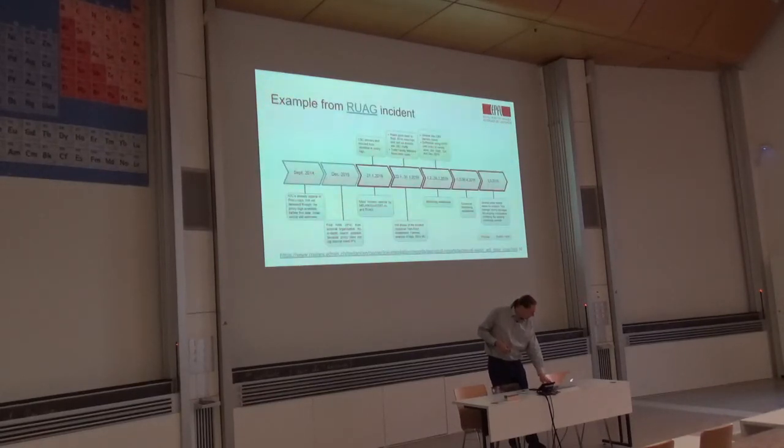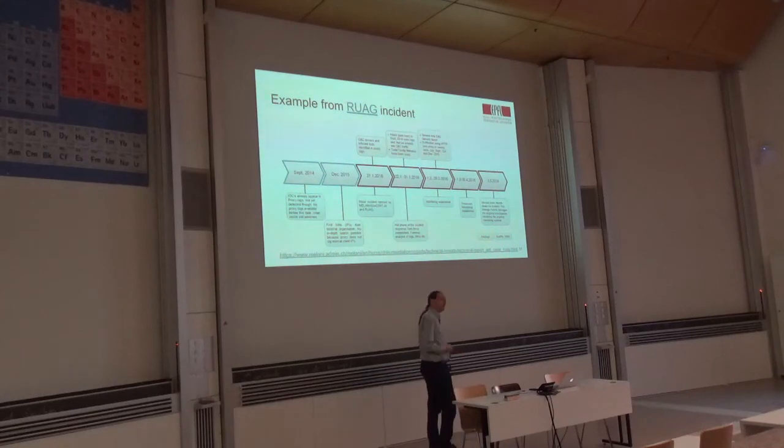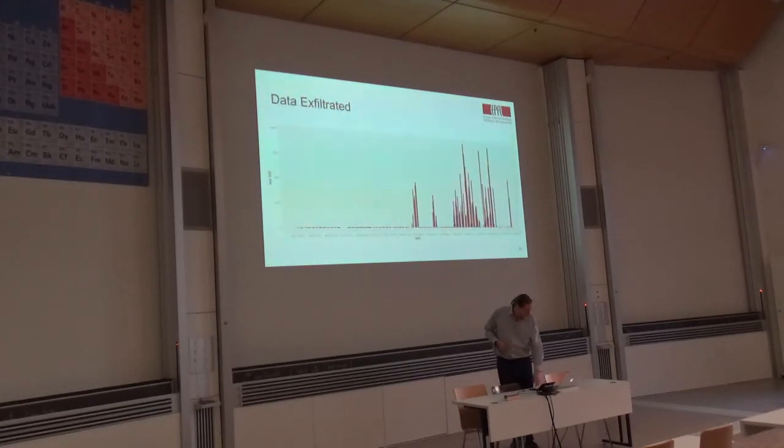Okay, so I mentioned the RUAG incident before, here in Switzerland, where this major defense-related company was successfully hacked for a number of months back in 2016 before being detected.